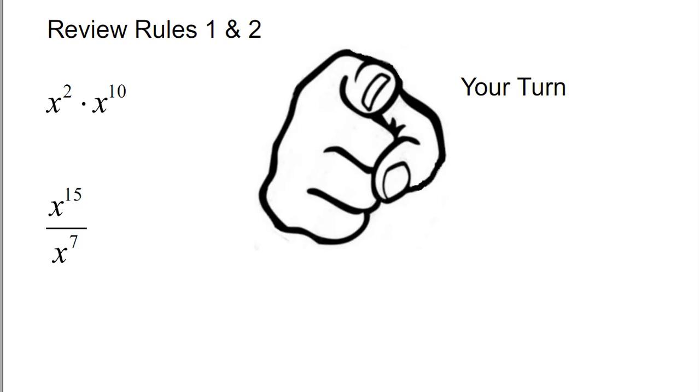So what would this first one be? I have a base add, so it's going to be x to the 12th. And here I'm dividing, so it's going to be subtraction. This is going to be x to the 15th minus 7, which is x to the 8th. Okay, so that's just a little bit of practice right there.